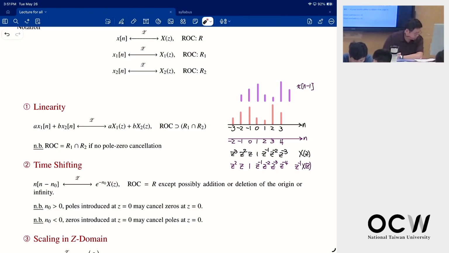If n naught is less than 0 and I shift to the left, then I may have created zeros at 0, and these zeros may cancel poles, because if I times this and X is rational, I may cancel something.